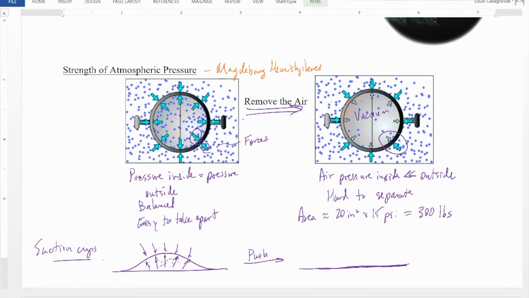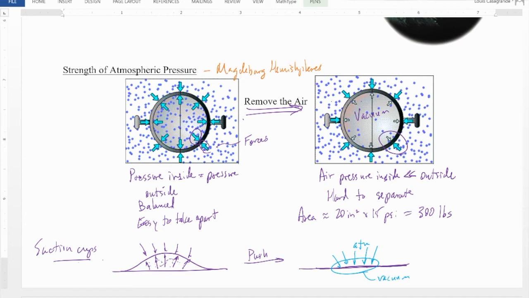Inside that, we now have a vacuum. There's nothing pushing out, but the atmosphere is still pushing down. And so the suction cup does not hold onto a wall. The air pressure pushes the suction cup onto the wall.